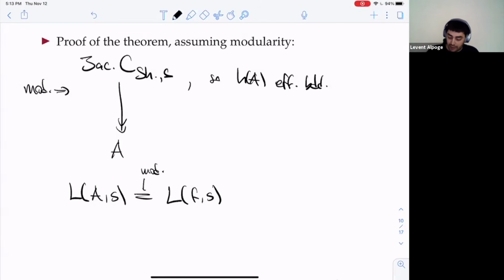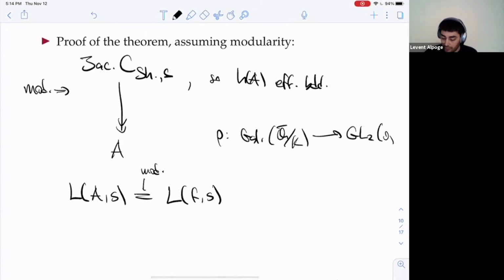Let's say you have a compatible family of Galois representations to GL2 of O_lambda, where O is the ring of endomorphisms, a family rho_lambda. So you can form a degree 2 L-function. And modularity would say that all such L-functions actually come from L-functions of parallel weight 2 Hilbert modular eigencusp forms. That's all that modularity gives you.